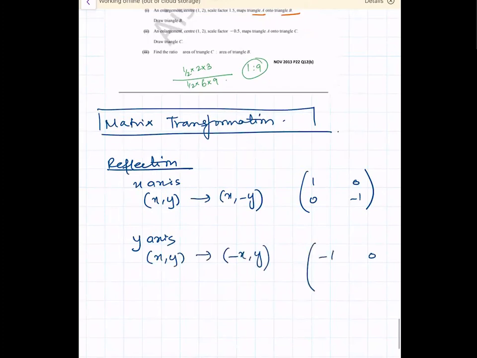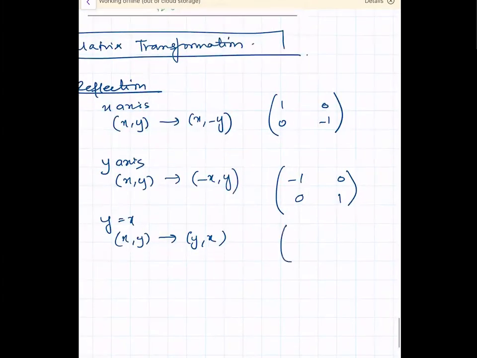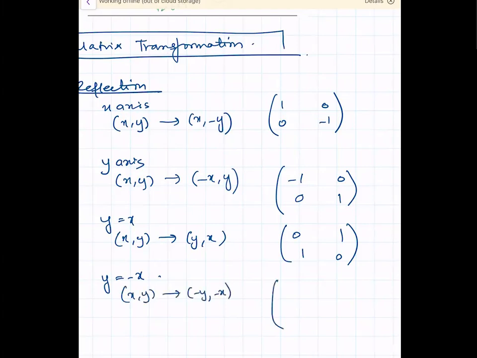Minus 1, 0, 0, 1. Y equals x: x, y changes to y, x. That gives you 0, 1, 1, 0. Then y equals minus x gives you x, y changes to minus y, minus x. So 0, minus 1, minus 1, 0.